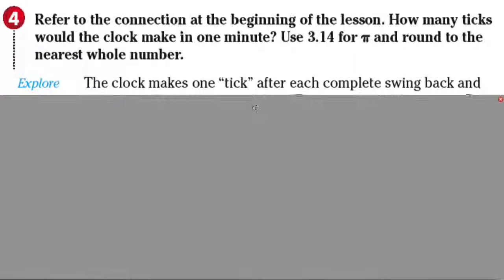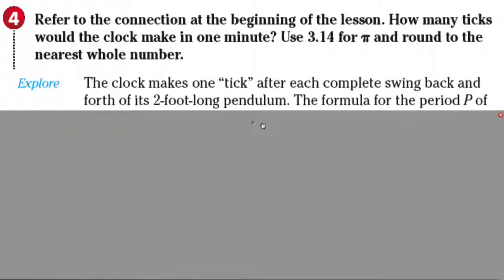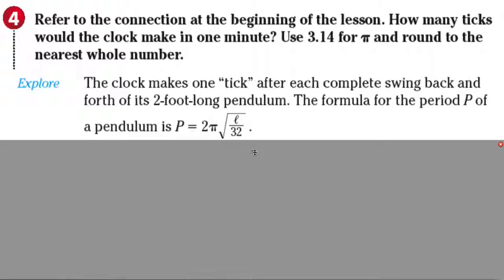First, we look at the explore. What we know is the clock makes 1 tick after each complete swing back and forth on its 2-foot pendulum. The formula for the period P of the pendulum is equal to 2 pi times radical L over 32.